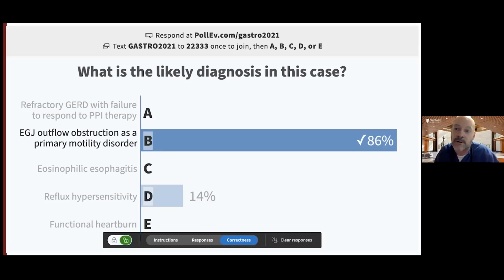And I should say that with Chicago classification 4 now, you can't make the diagnosis of EGJ outflow obstruction conclusively without doing some additional tests to corroborate those findings. That could either be a timed barium esophagram versus doing a diagnostic FLIP. So if this fit that scenario, what I would probably do in my own practice is do FLIP and just look at distensibility directly and then treat at the same time.